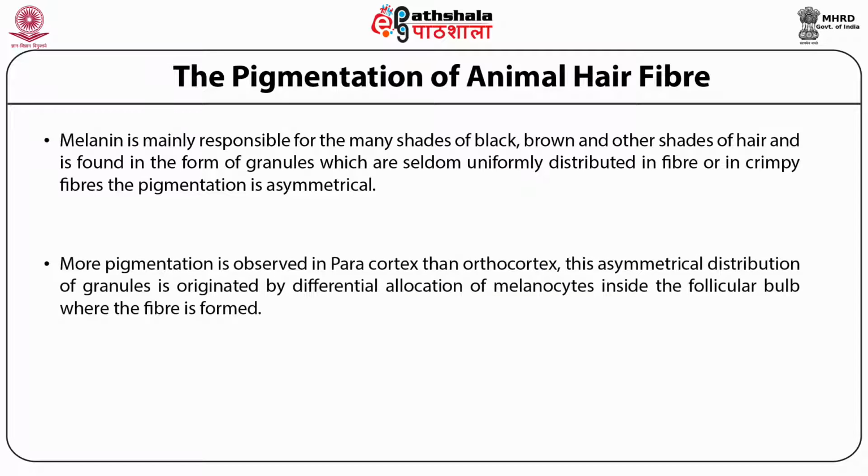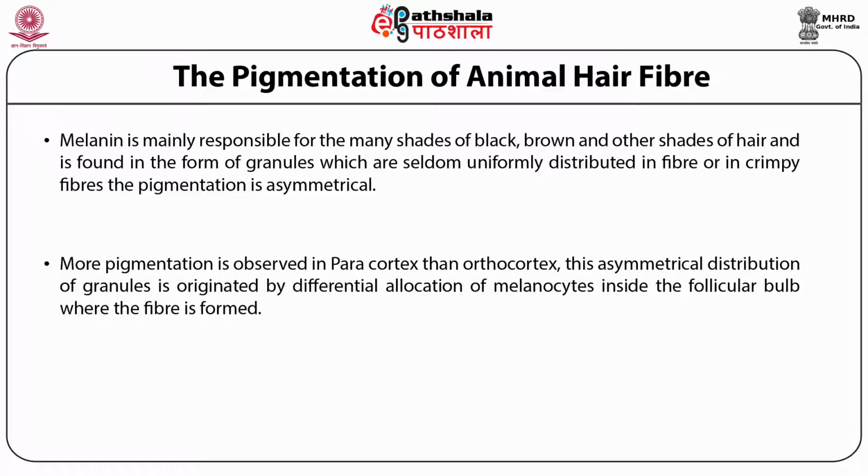More pigmentation is observed in paracortex than orthocortex. This asymmetrical distribution of granules is originated by differential allocation of melanocytes inside the follicular bulb where the fiber is formed.